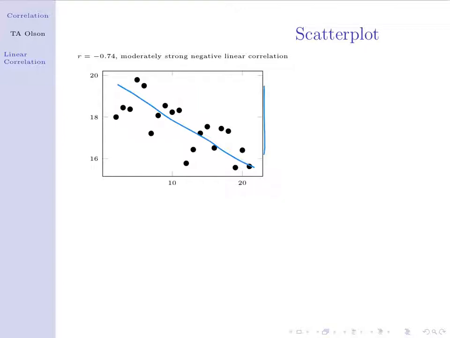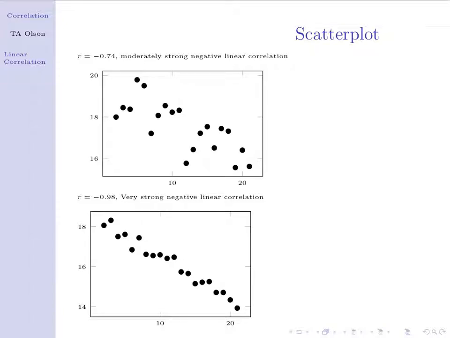We certainly see a nicer pattern as one increases, the other decreases. And then if we have R of negative 0.98, we have a very strong negative linear correlation. They're following a really nice straight line. There's, of course, some variance, but in the real world, there's almost always variance.